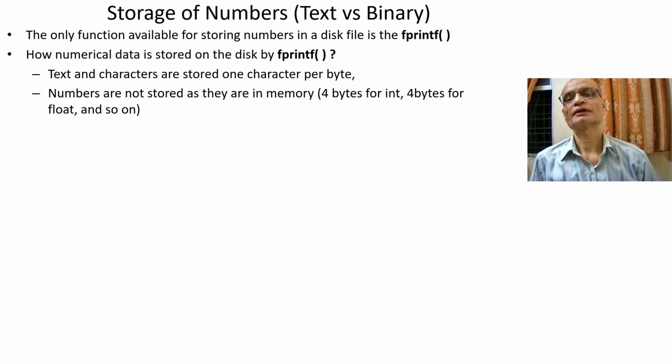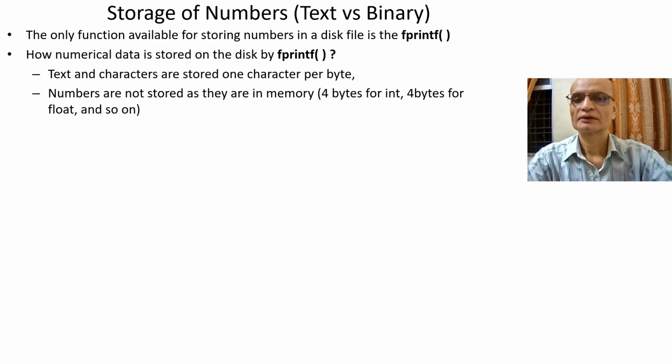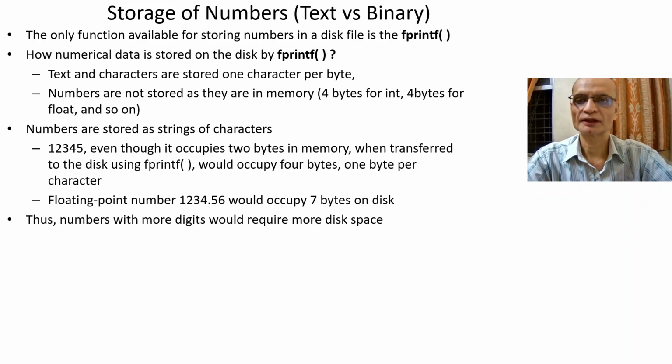When we use fprintf, then text and characters are stored one character per byte, and the numbers are not stored as they are in the memory, like typically 4 bytes for integer, 4 bytes for float, and so on. Obviously this is compiler dependent, but the crux of the matter is numbers are not stored as they typically will be in memory.